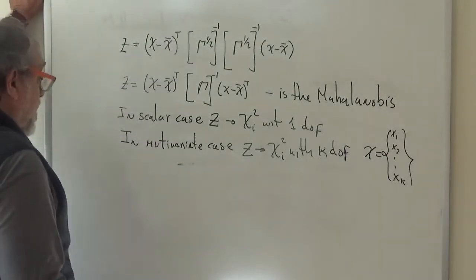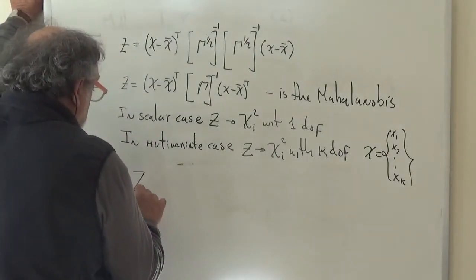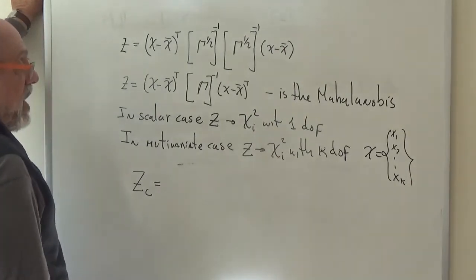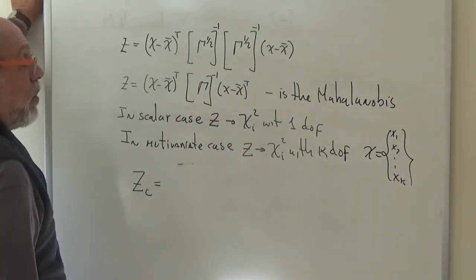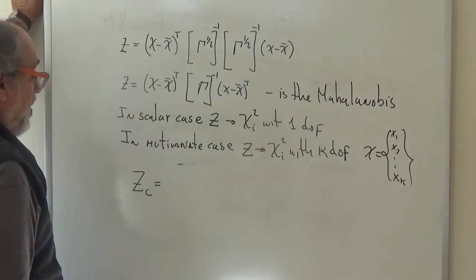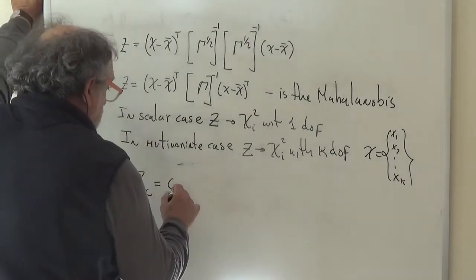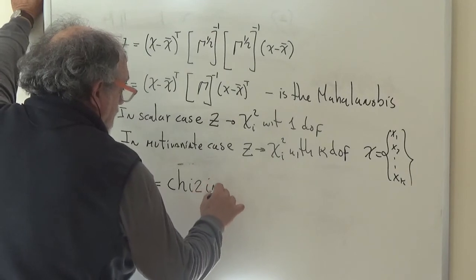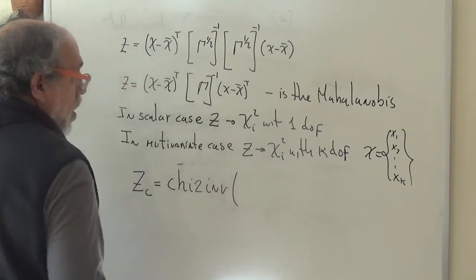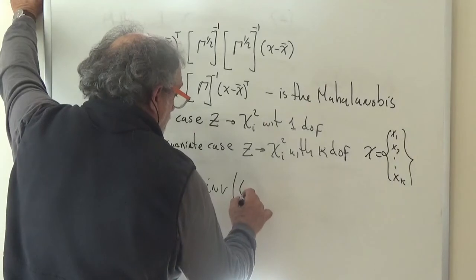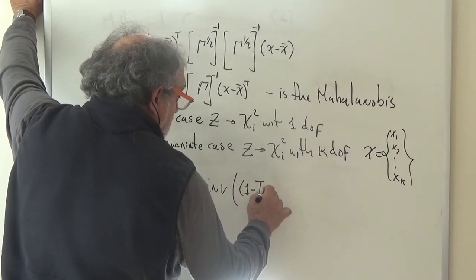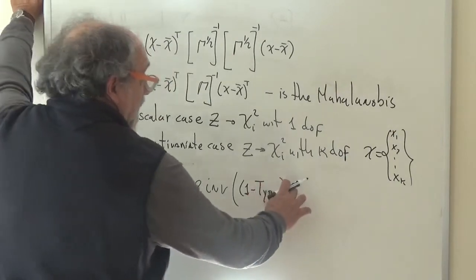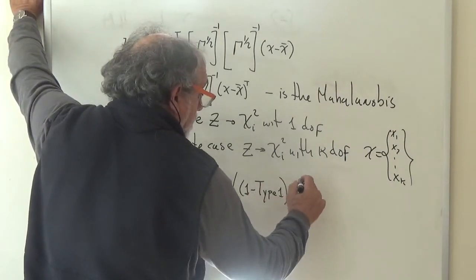So if I want to know what is the z critical for a situation where I have k frequencies, then all I have to do is to say chi squared inverse. What do I want to do? I want to have 1 minus my desired type 1 error. But then instead of writing 1 here, I write k.